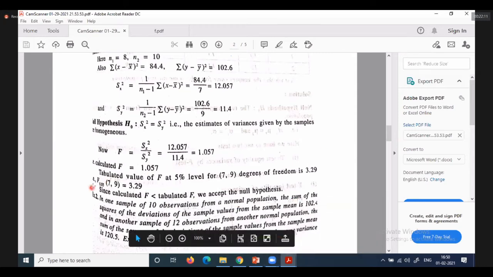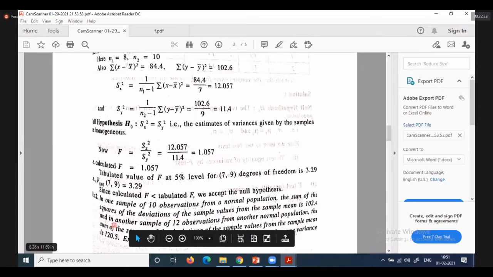All of you see the next problem. In a sample of 10 observations from a normal population, the sum of squares of deviations of the sample values from the sample mean is 102.4.